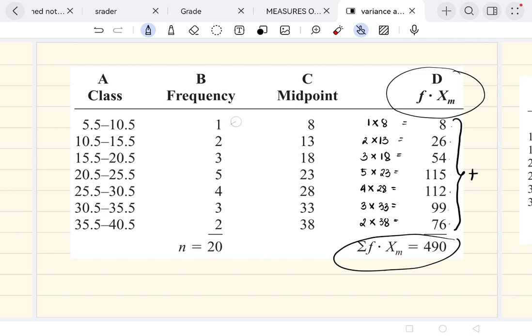Again, for our step 2, we multiply the frequency and the midpoint. So we have 1 times 8, that is 8. 2 times 13, that is 26, and so on.